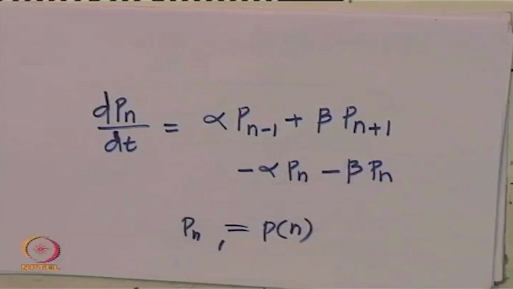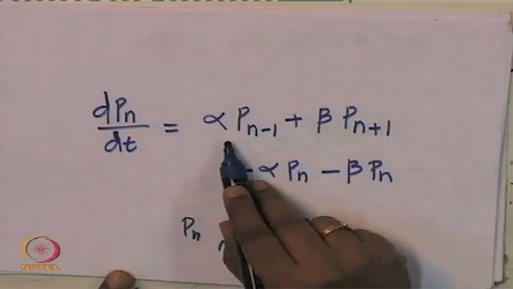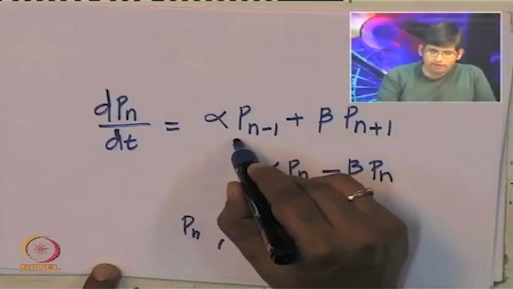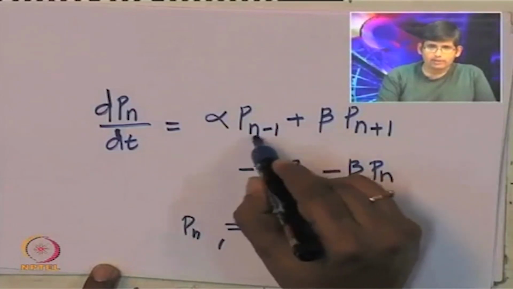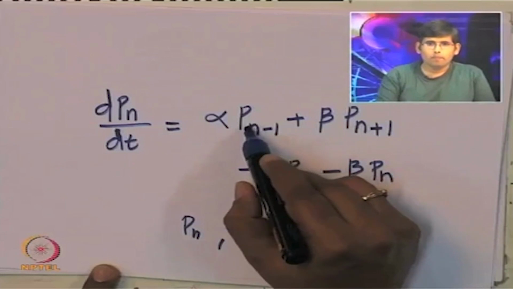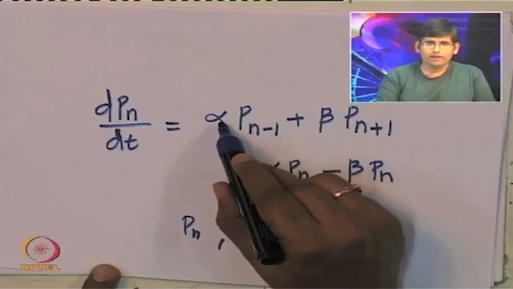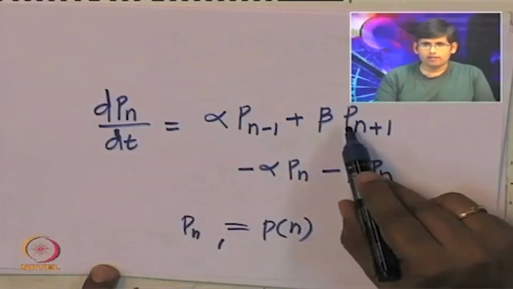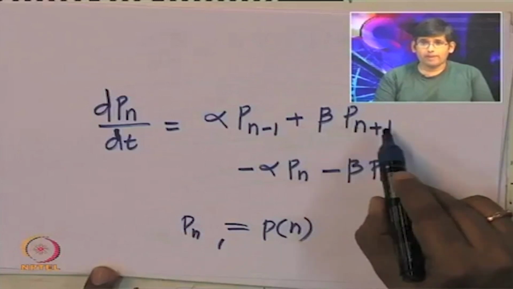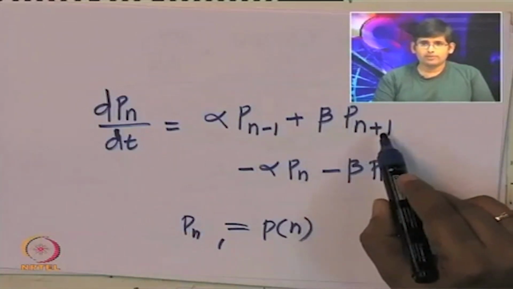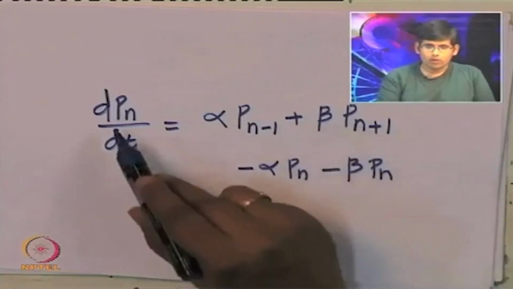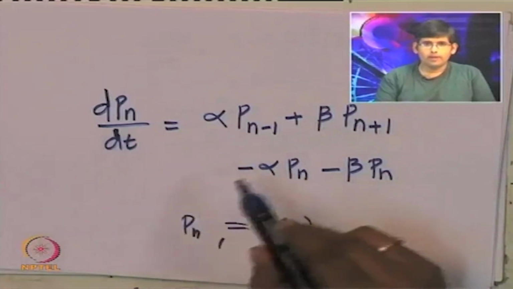So what does this mean? This means that if there are a lot of filaments with n minus 1 monomers, they can polymerize with a rate alpha and go to Pn. If there are a lot of filaments with n plus 1 monomers, they can depolymerize with the rate beta and then go to Pn.